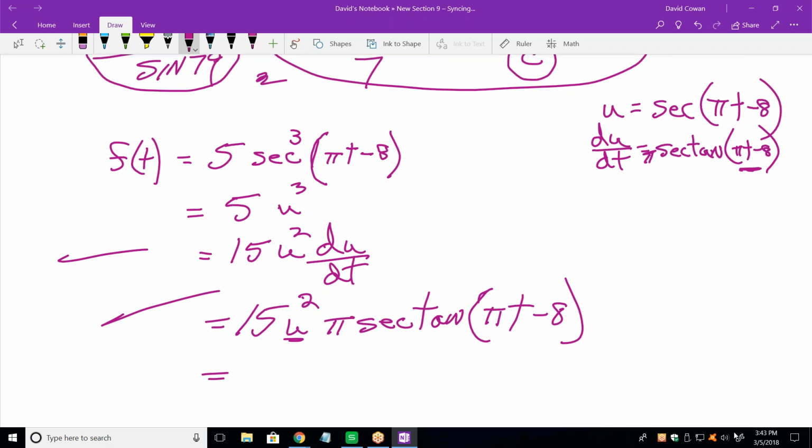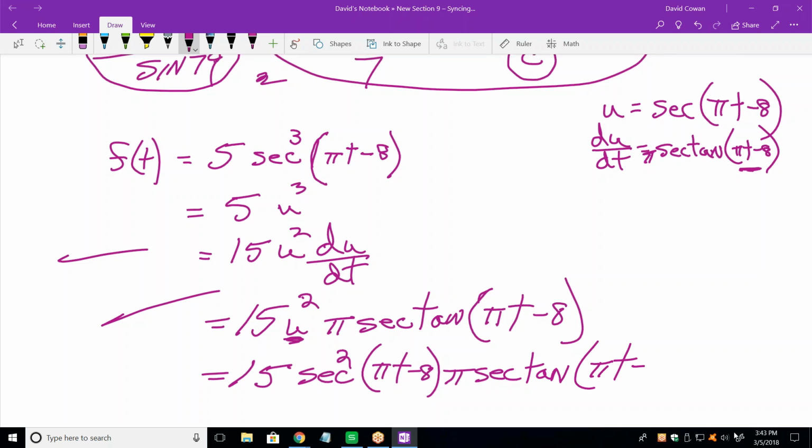So let's go back in and substitute for that. So it's 15 secant squared of pi t minus 8. That's what u was. Okay. Times pi secant tangent of pi t minus 8. Wow. Yep.